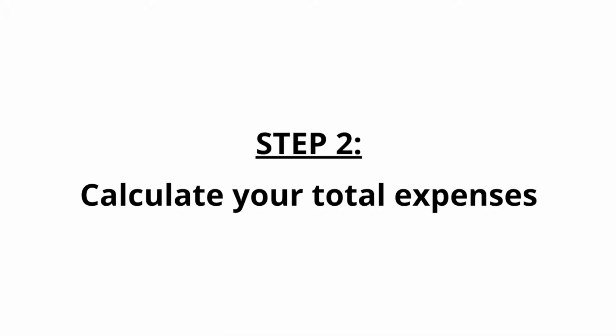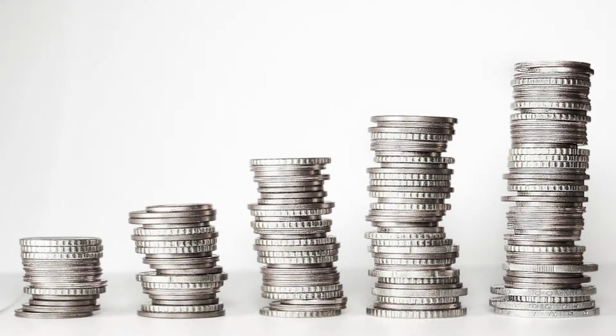Step 2 is to then calculate your total expenses. Now, as entertainers, we're really, really good at being able to spend a lot. It's the simplest way. I know earlier we spoke about travel and props and equipment, but we want you to think so much more than this, because at the end of the day, you could make £10,000 a year from your entertainment.